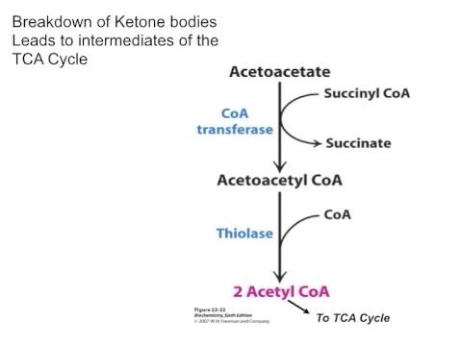Acetoacetate can combine with succinyl-CoA to form succinate and acetoacetyl-CoA. Then, through the action of thiolase, acetoacetyl-CoA and coenzyme A can be used to make 2 molecules of acetyl-CoA, and these can be shunted to the TCA cycle.